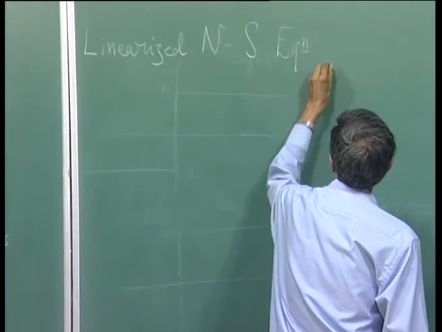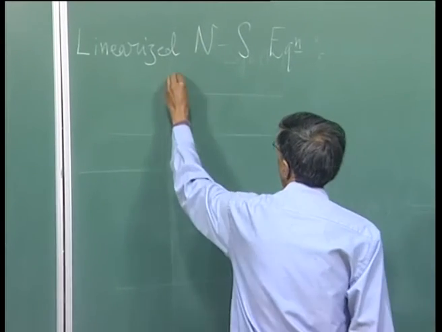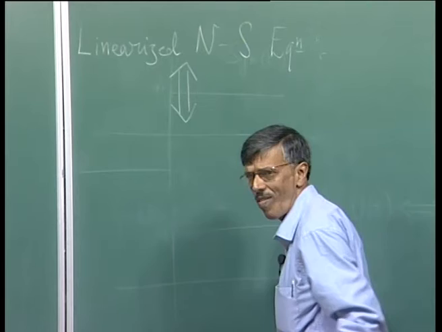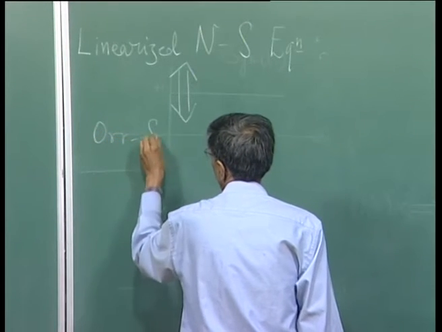The linearized Navier-Stokes equation is rather easy. We have seen it. If we do a Fourier transform of that equation, what do we get? We have seen that. That is nothing but our Orr-Sommerfeld equation.